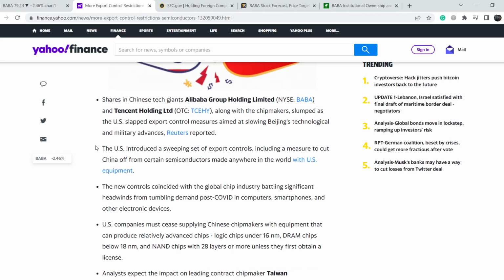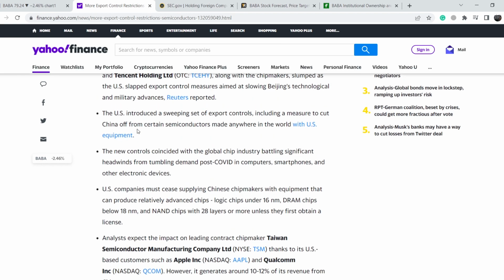Shares in Chinese tech giants Alibaba Group Holding Limited and Tencent Holding, along with the chip makers, slumped as the US slapped export control measures aimed at slowing Beijing's technological and military advances, Reuters reported. The US introduced a sweeping set of export controls, including a measure to cut China off from certain semiconductors made anywhere in the world with US equipment.